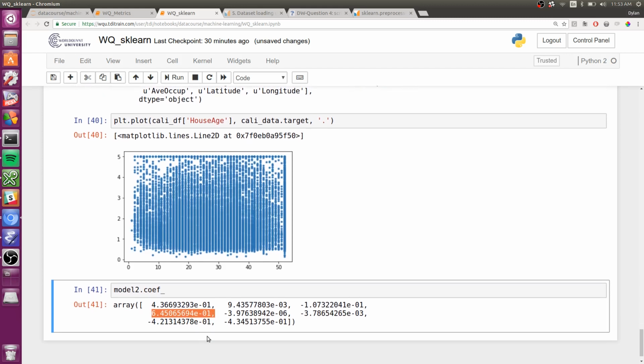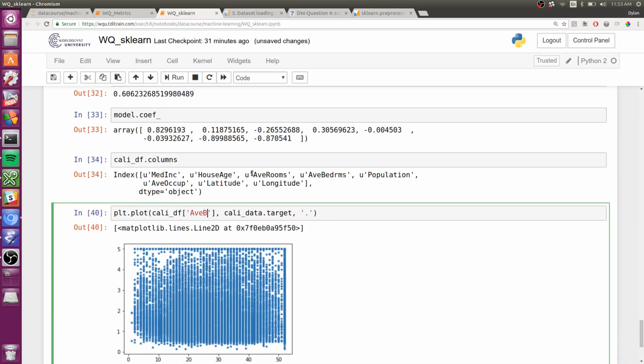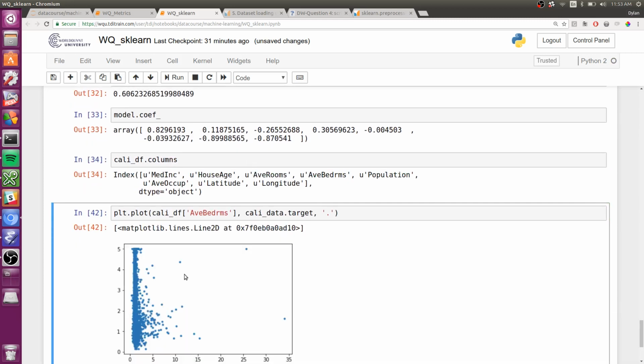But if we were to plot average bedrooms, maybe with some filtering, so that we can see a little bit better, so maybe less than 5.